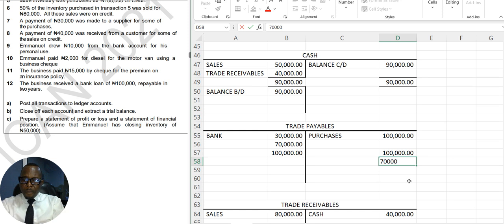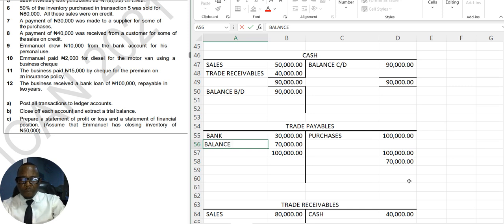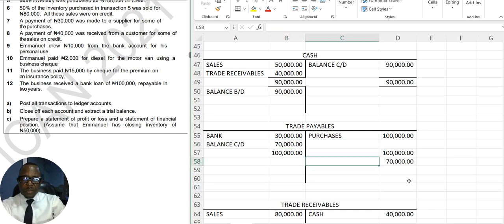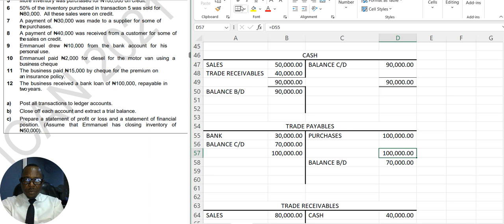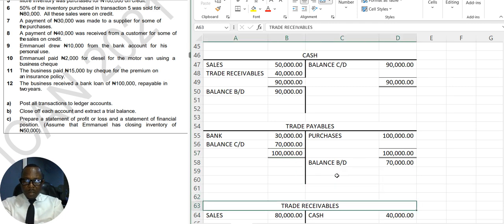Now name this as balance CD, while this is named as balance BD. Put your double line here, and that solves that.